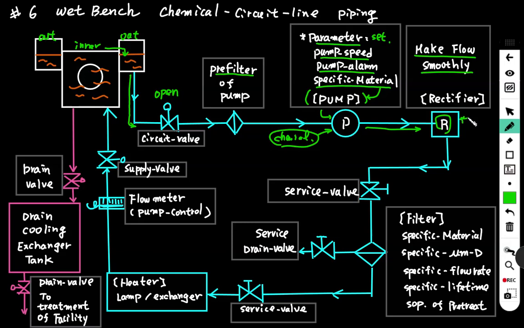So this device makes the chemical flow smooth and continue to flow to the service valve. Any unit has to be serviced, so use the valve to cut off the chemical flow.